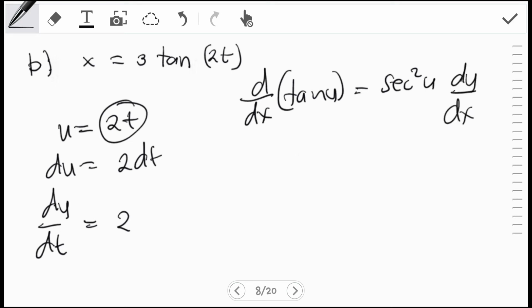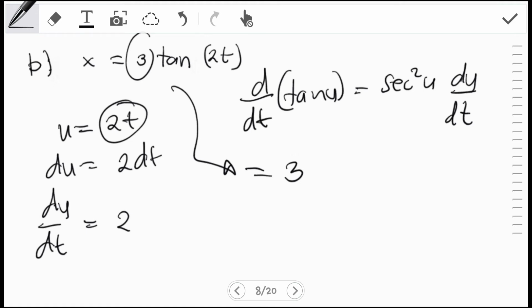Okay? So since the problem is x respect to t, so we can change this into dt. So something like that. Then write 3, then secant squared, then where u, the equivalent of u is 2t.